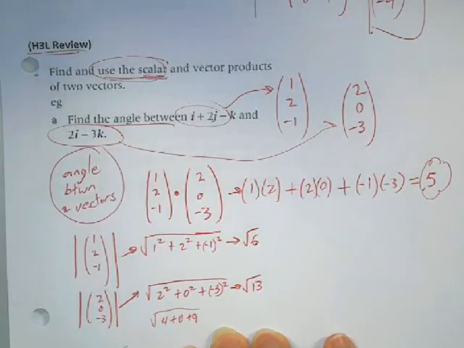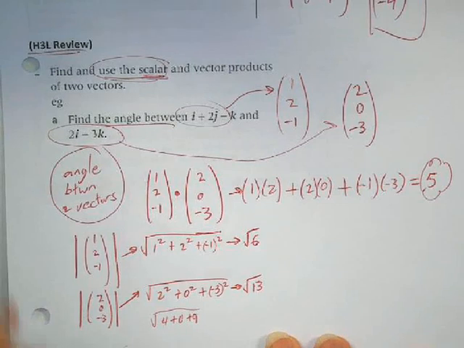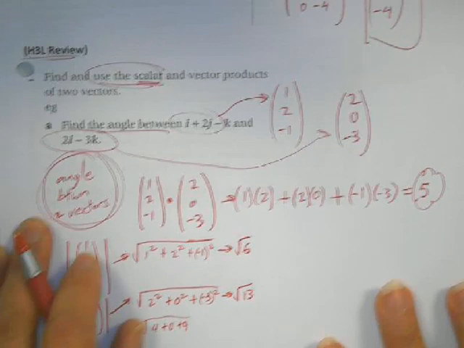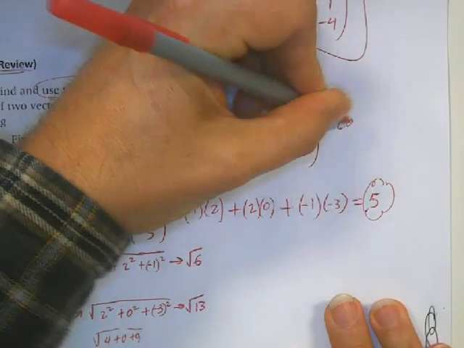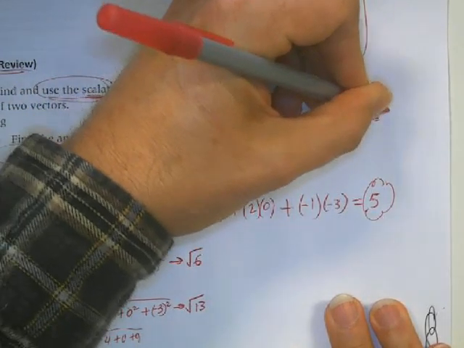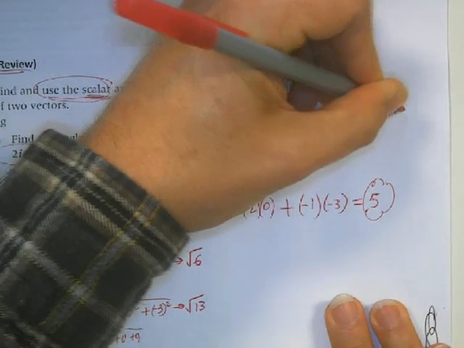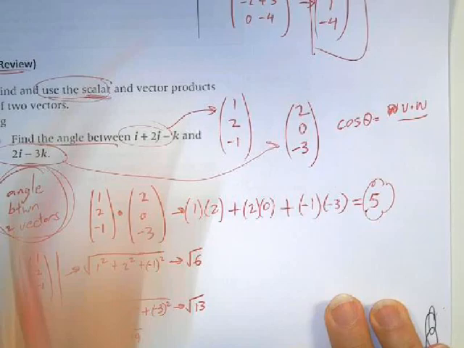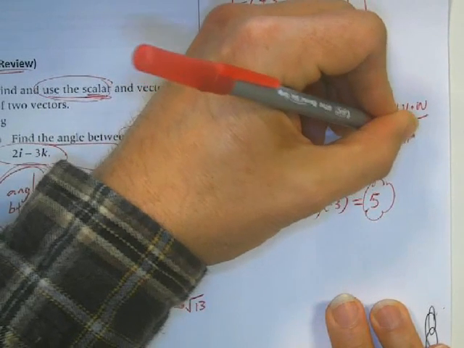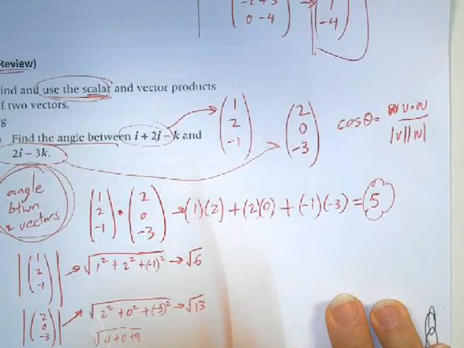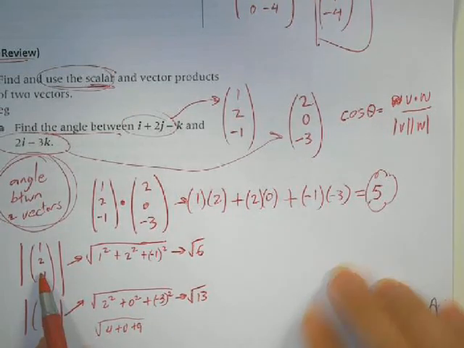Okay, and so the formula that I showed you is cosine theta equals v dot w divided by the magnitude of v and the magnitude of w. We just found all three of these things.